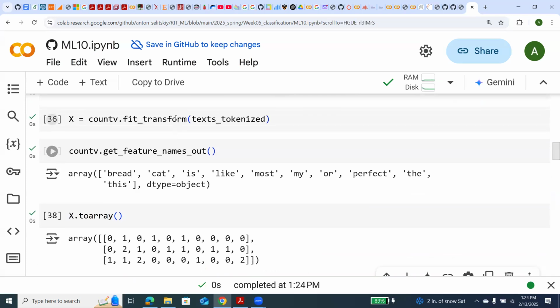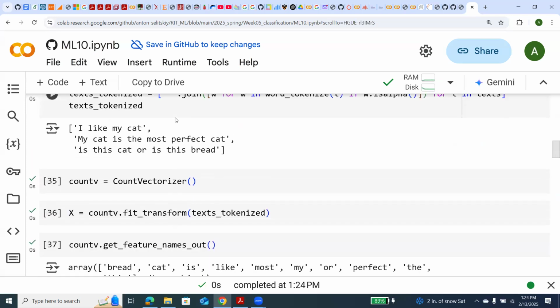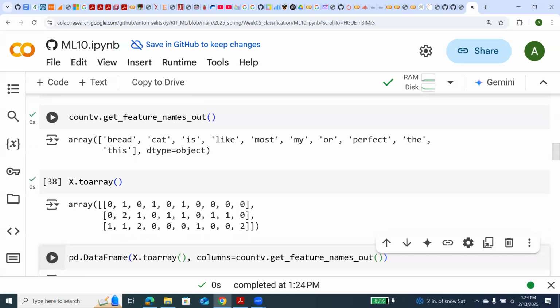So, for example, the first was, I like my cat. Cat is the second in our dictionary, so in index 2, we have 1. Then like has position 4 in our dictionary, so there is 1 on position 4, and my is on position 6.